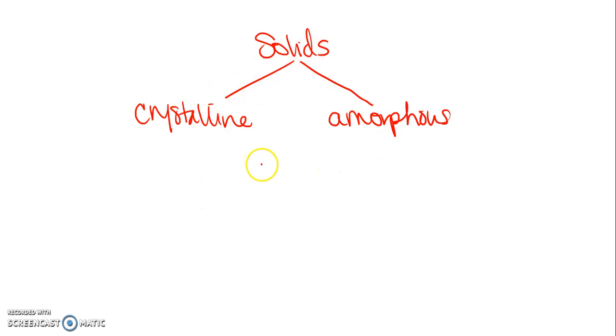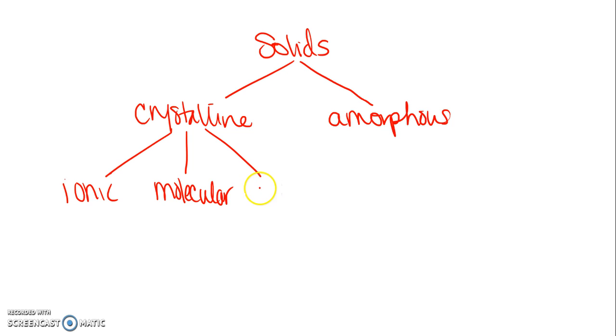Now, if you have a crystalline solid, that can be broken down into further subcategories. And so there are three of them, and they can be broken into an ionic solid, a molecular solid, or an atomic solid. And then the atomic solid can be broken into three more subcategories.